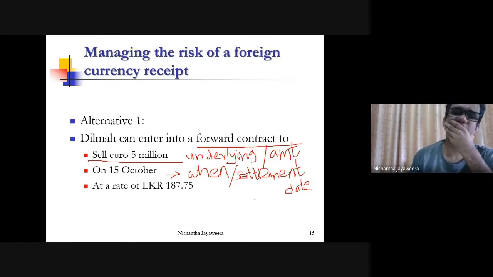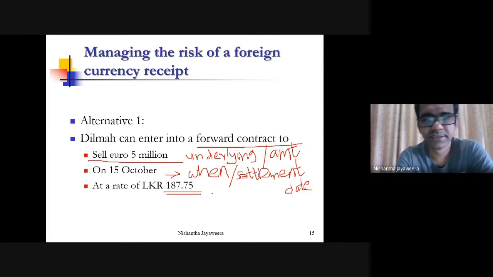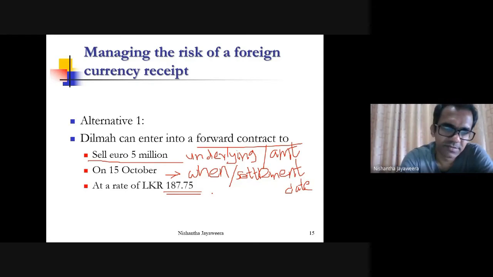Then both parties can come to an agreement for a rate. This is the rate that you derived based on the equation that we used.